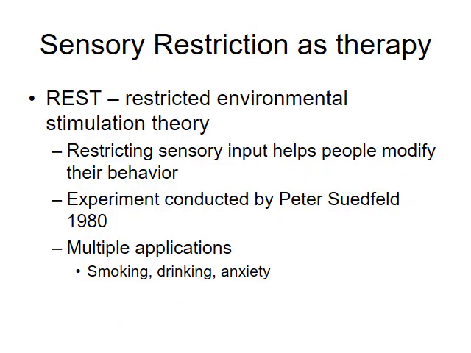We can also look at what happens when we restrict sensory information in our environment. And there's actually a therapy that comes from this that's called REST, Restricted Environmental Stimulation Therapy. What this does is it puts people into a situation where they are not being impacted by all the information that is flooding your sensory systems. It will be light restricted, sound restricted, the temperature will be at a very comfortable body temperature.